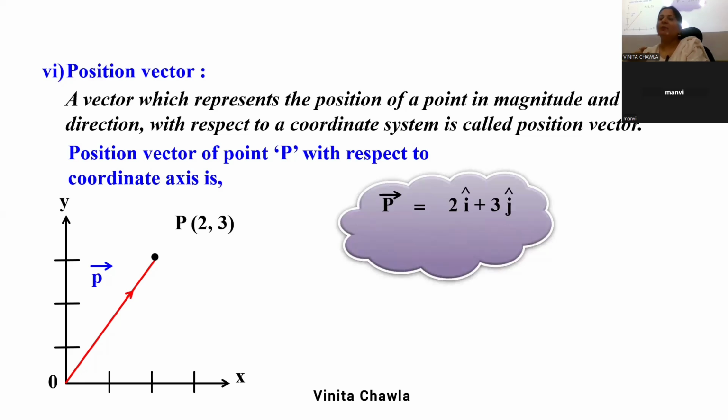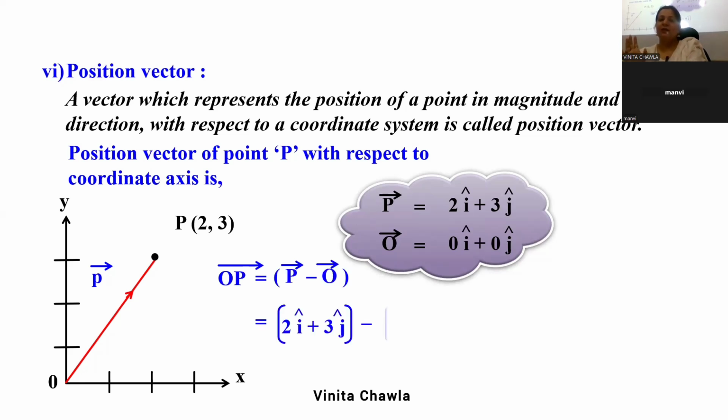We can write vector P as 2i cap plus 3j cap. I will explain how to do this, don't worry. And vector O is 0i cap plus 0j cap. So vector OP can be written as vector P minus vector O. Put the values and you will get the position vector OP.